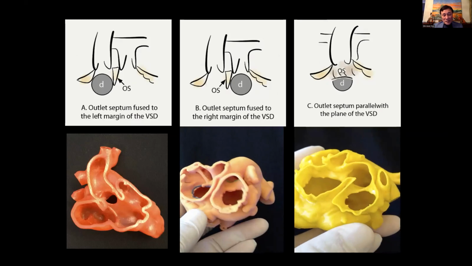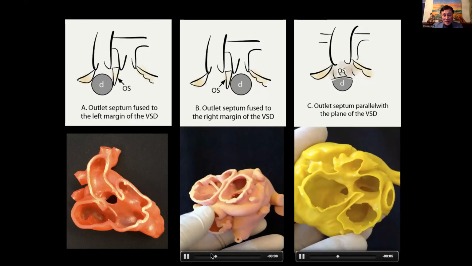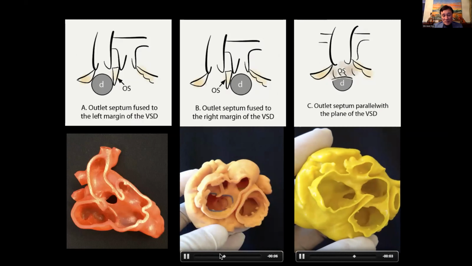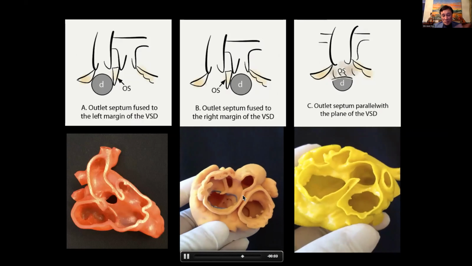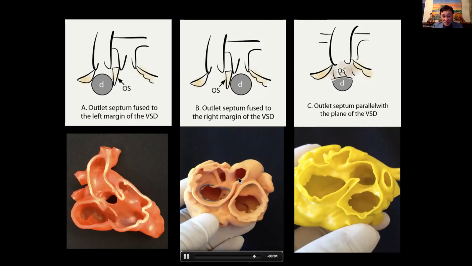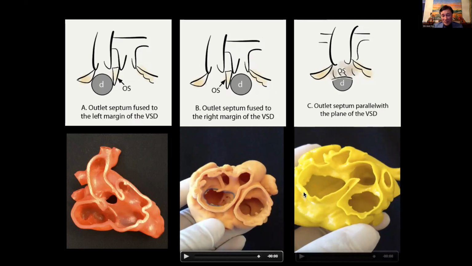In short axis, exactly the same thing, showing the same way. You can see the outlet septum goes to the right margin of the VSD, and the VSD is here below the pulmonary valve. Here in this case, the outlet septum is parallel with the rest of the septum, making this VSD below the posteriorly located pulmonary valve here.